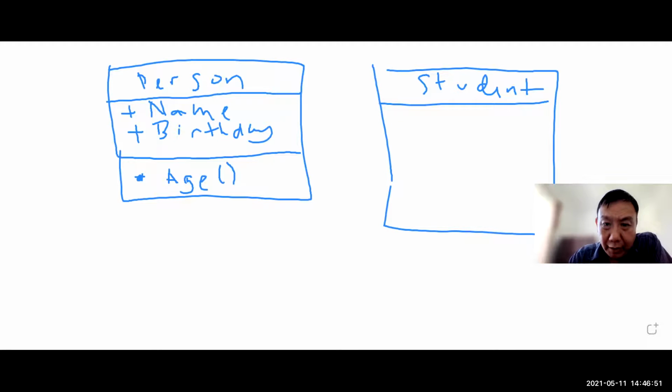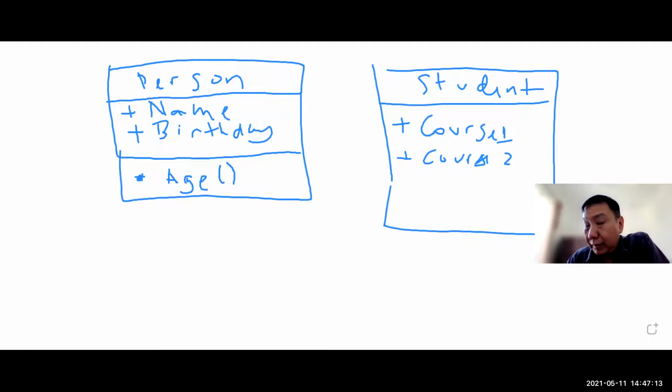Okay, and then probably we'll have a course. Course number 1, then course number 2. This is a property. Okay, your course is IPE, so maybe no need to have 2. One is enough, so let's delete. Okay, student will have course.